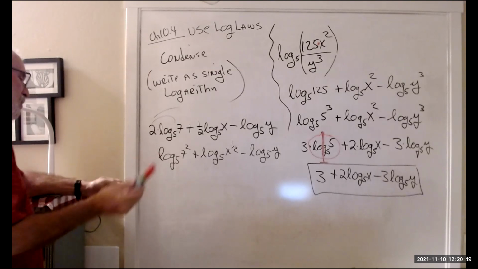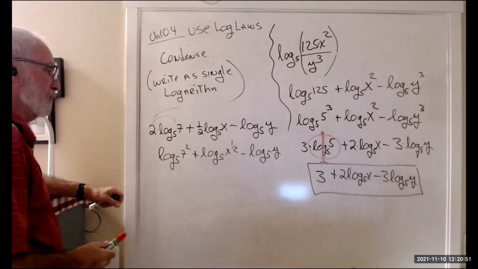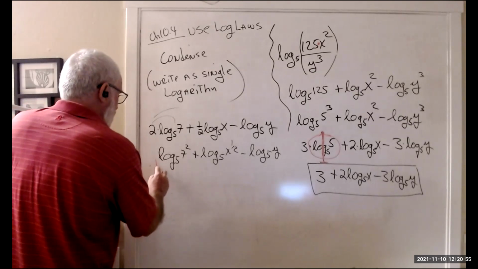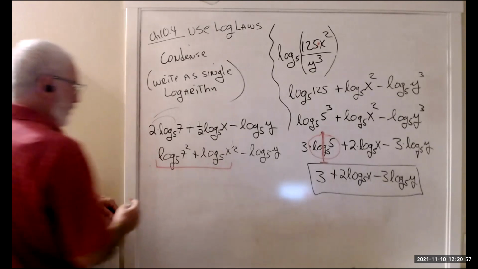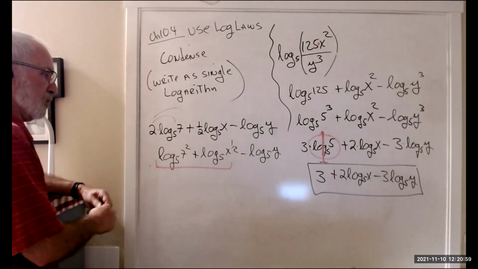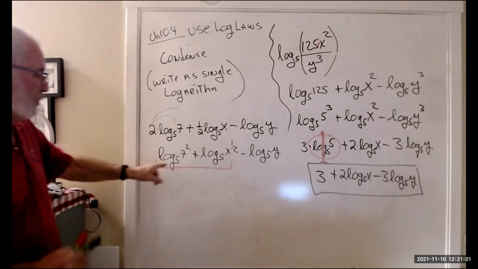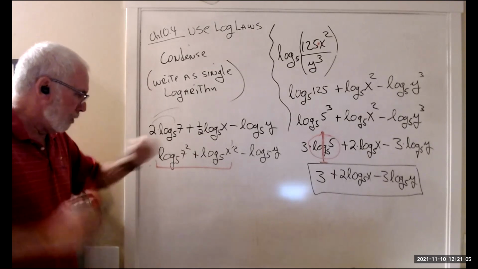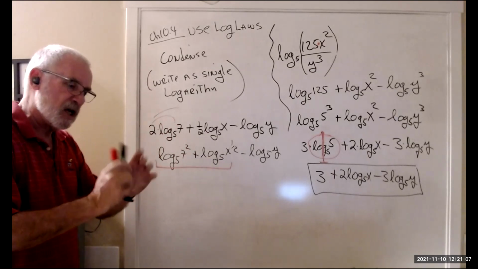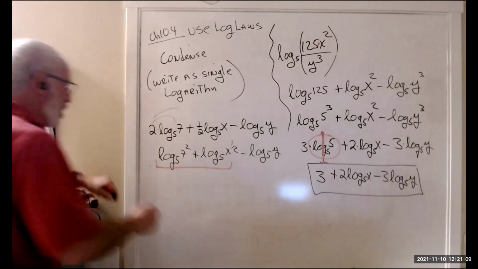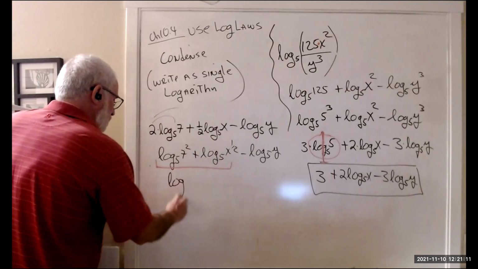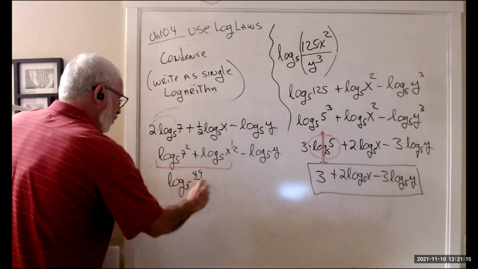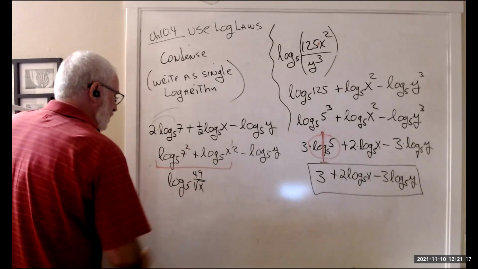Okay, hang on. I'm going to do this in separate steps. Most people don't bother. I'm going to do the first two. 2 separate logs that are adding can be condensed into 1 log that's dividing 49 over the square root of x.